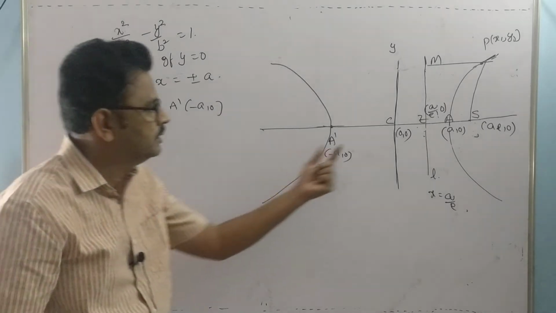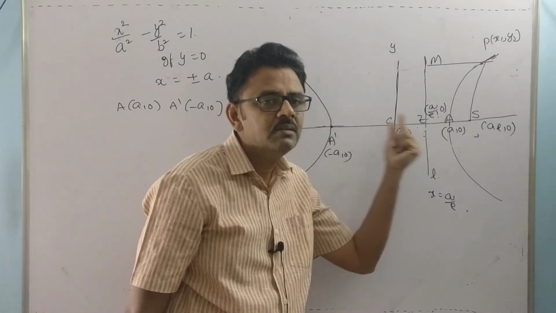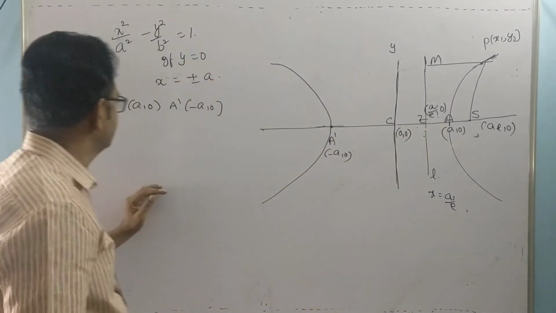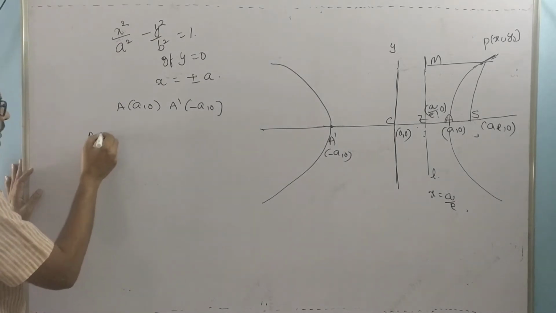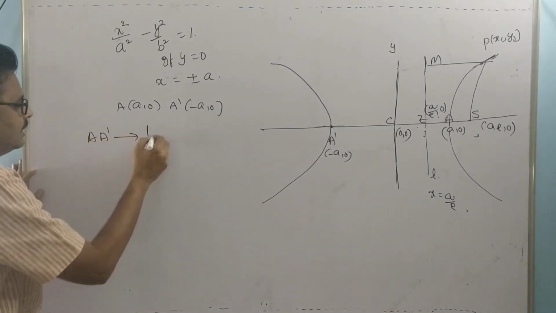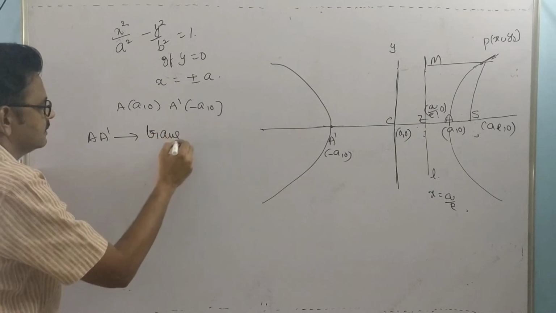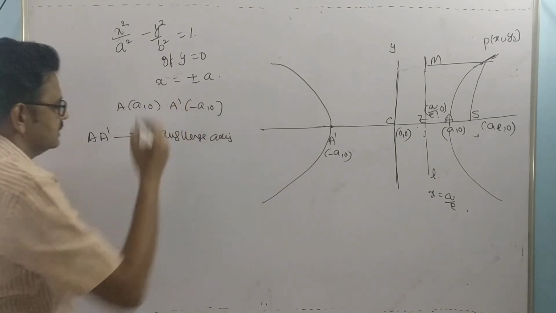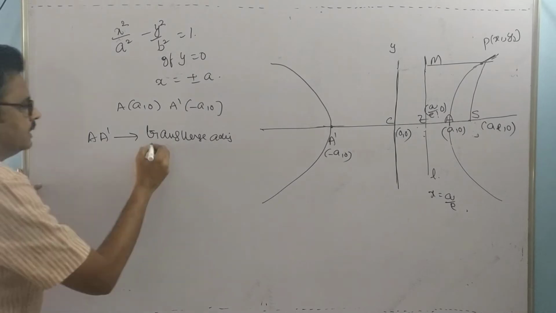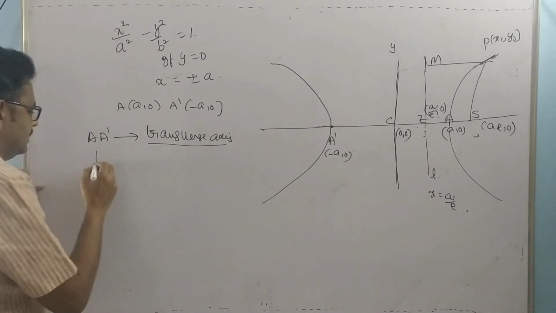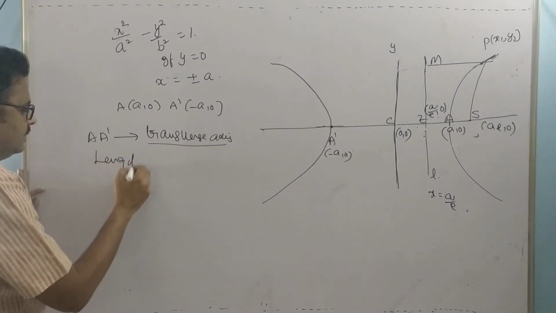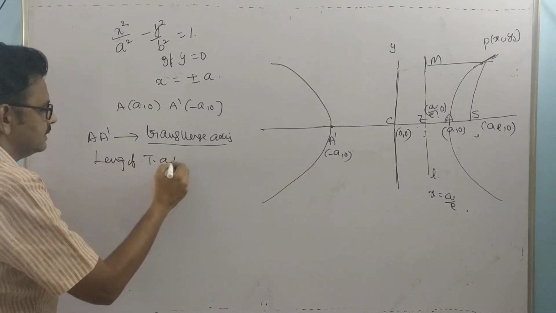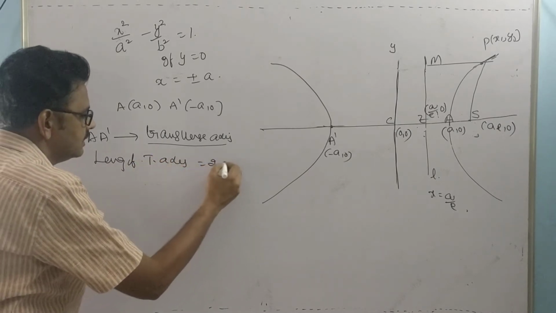Here AA dash is called the transverse axis, and its length, the length of the transverse axis, is 2a.